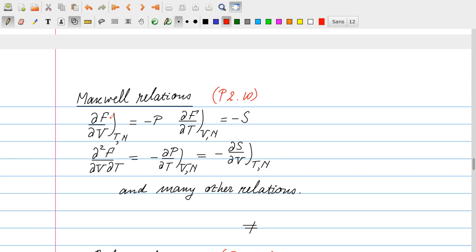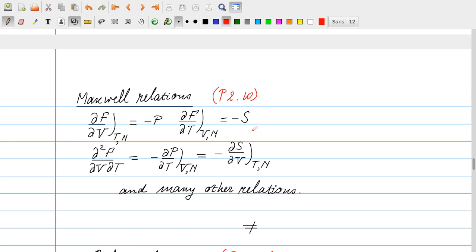We just saw dF/dV is minus P, dF/dT is minus S. So I can take the second derivative of F with respect to V and T. If I first take the derivative with respect to V, I have minus P, and then I take the derivative with respect to T, so I get minus dP/dT. If I do it the other way around, I first take dF/dT, which gives me minus S, and then take the derivative of S with respect to V. If F is a well-behaving function, these two should be equal.